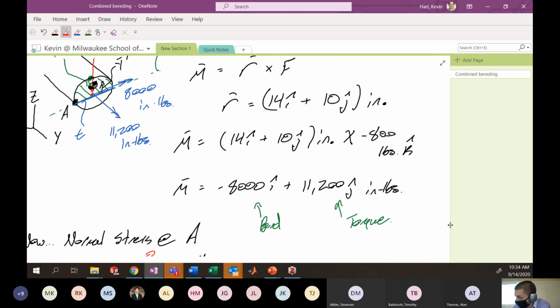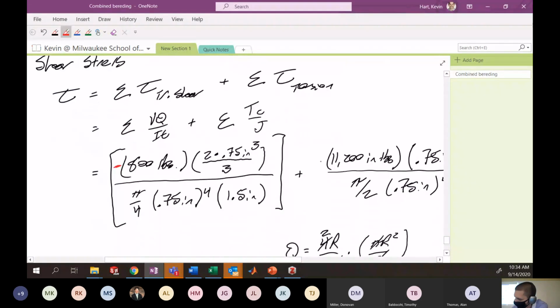Similarly, we're going to have a negative contribution from the torque, and that's because this torque is tending to spin this rod in a counterclockwise direction. That means that at point A, this rotation is going to force me in a downward direction. We're going to talk more about this when we talk about three-dimensional stress at a point, but for now, the contribution to the shear at point A from the torque is in the downward direction, so also a negative contribution.